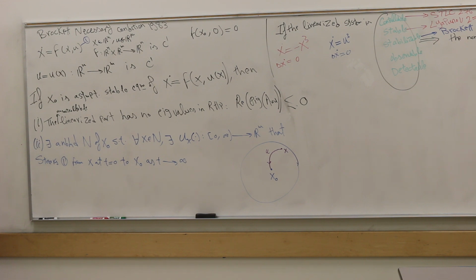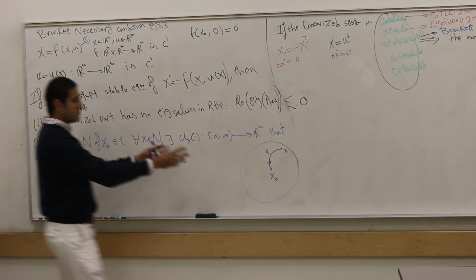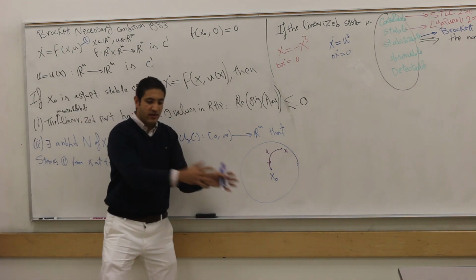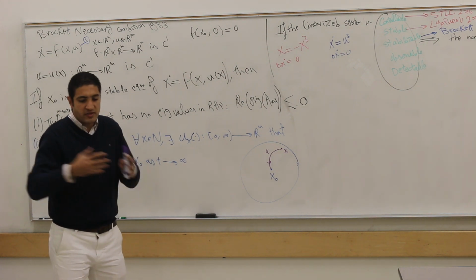Do you think this is too stringent? Do you think this is the definition of stabilizability? What's stabilizability? For any point in the neighborhood, I want to make it stable by control, right? What do you mean stable?